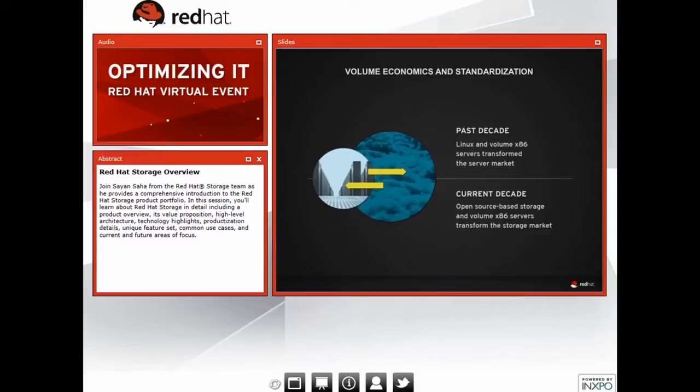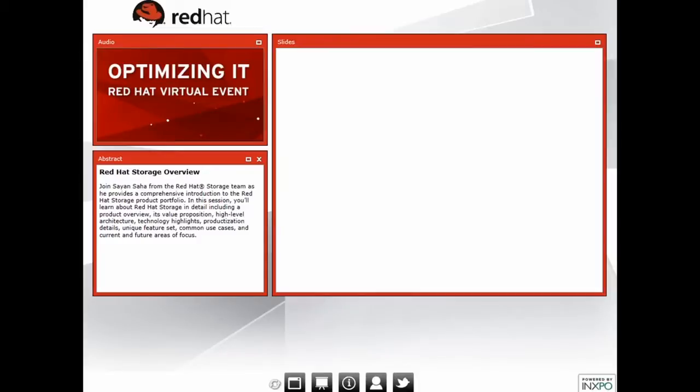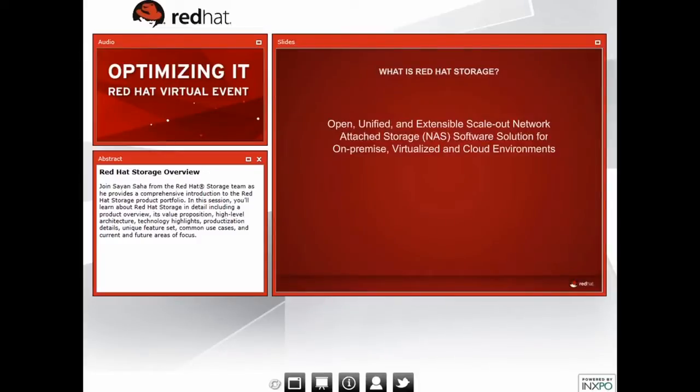So this is where Red Hat storage comes in. We define it inside of Red Hat as an open, unified, and extensible scale-out network attached storage software solution for on-premise, virtual, and cloud environments. So that's in a nutshell the definition of what Red Hat storage is today.